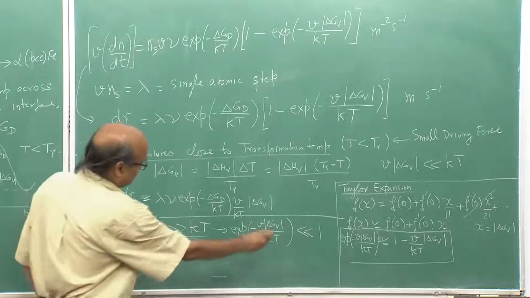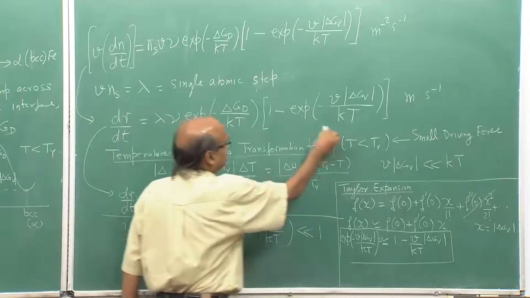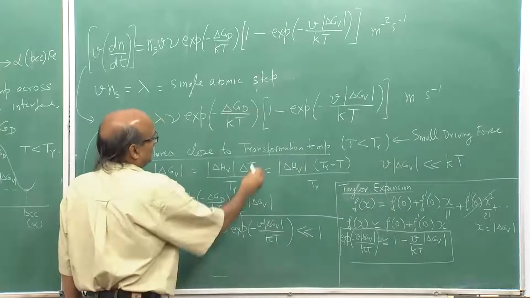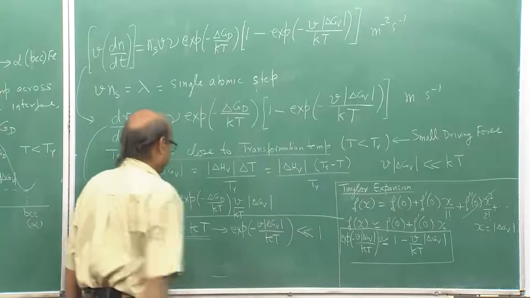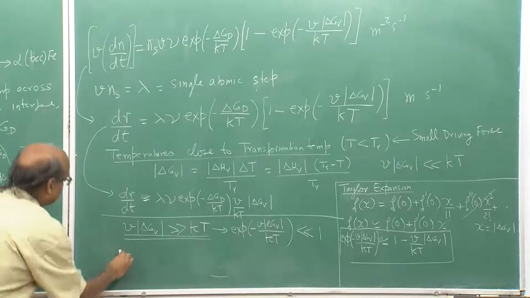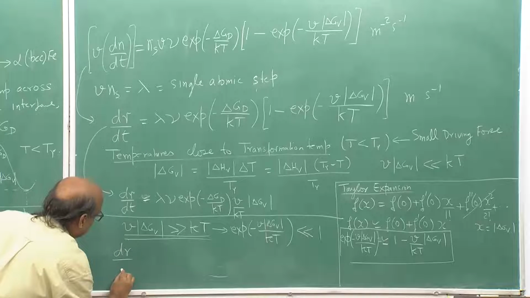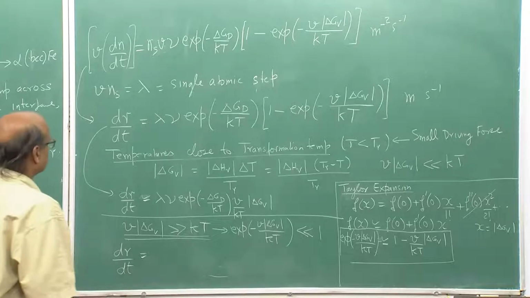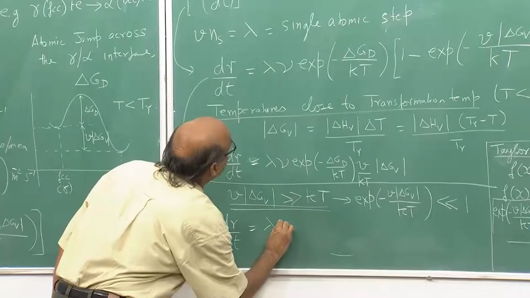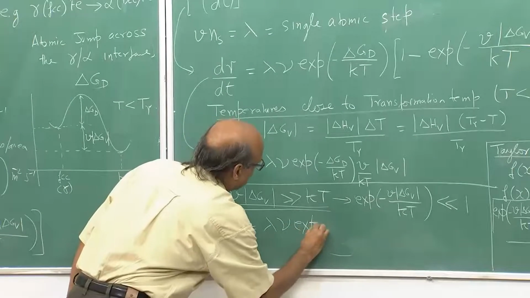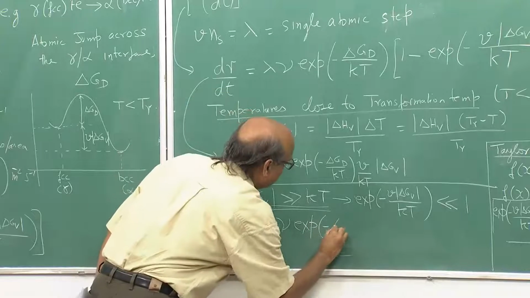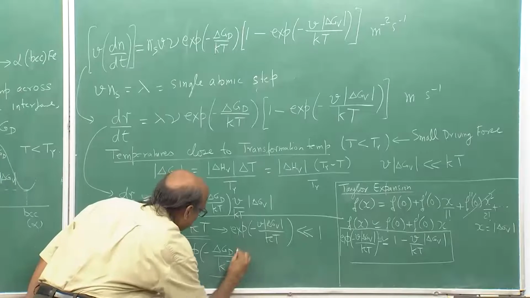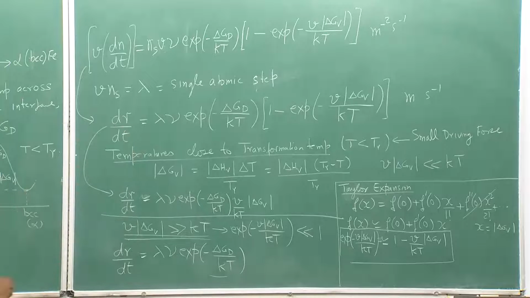And if this is much smaller than 1, this term, for large driving force, could be neglected, and hence the rate of growth then becomes simply lambda nu exponential minus delta GD upon kT.